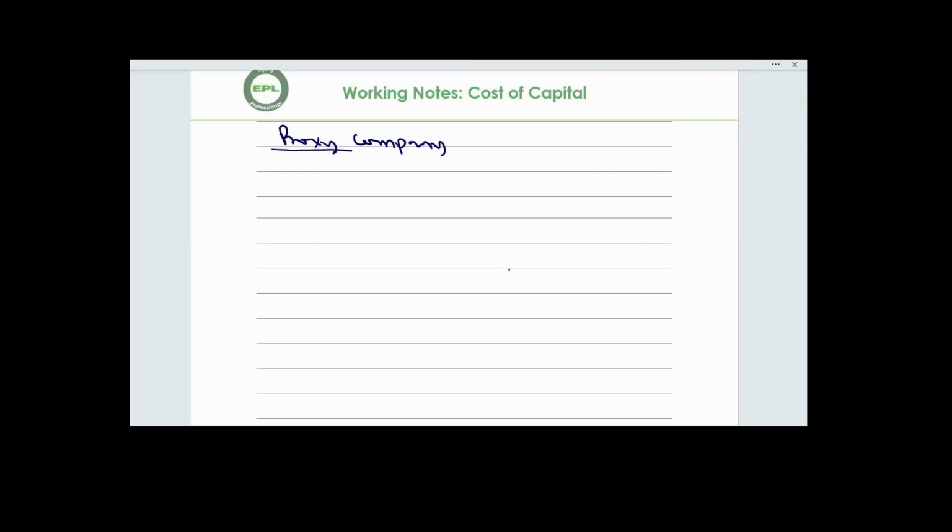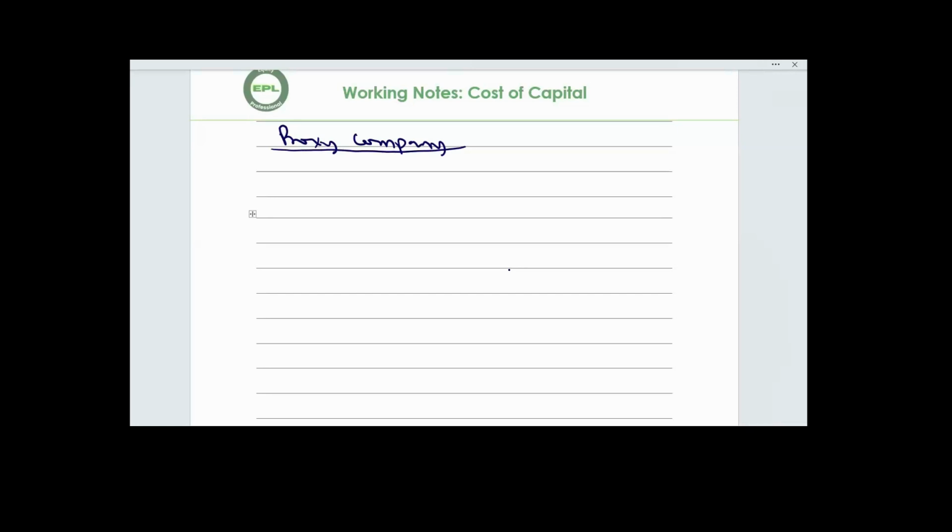What do you mean by proxy company? Proxy company is a comparable company that operates in the industry where a company is moving to. Of course, generally, it is assumed that both the proxy company and the main company have similar business risk.